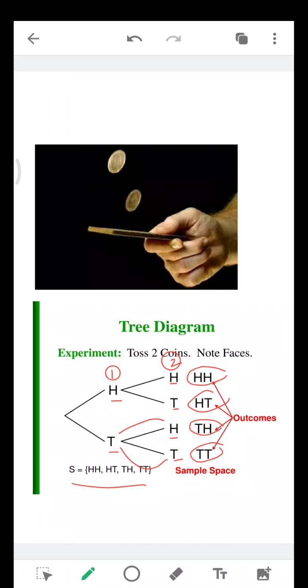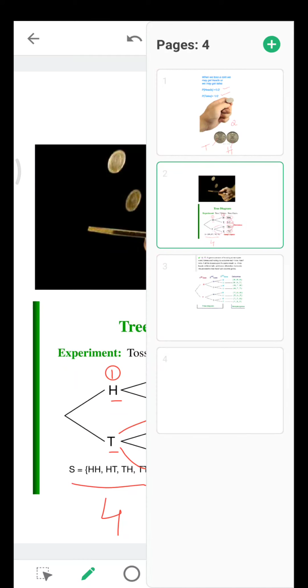Now just imagine there are 3 coins in your hand and you're tossing them. How many possible outcomes do we have? For 1 coin we have 2 outcomes, for 2 coins we have 4 possible outcomes. For 3 coins, how many possible outcomes can we have?